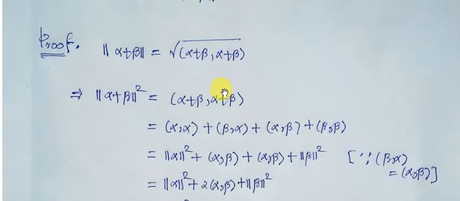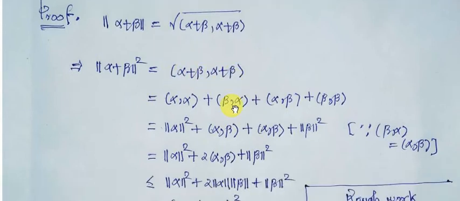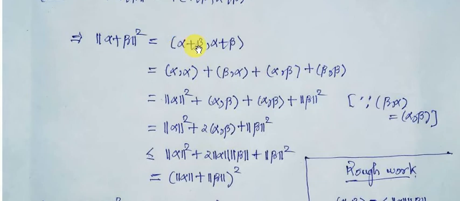Since this is a square root, to omit the root we consider the squares on both sides, that is norm alpha plus beta whole square. This is equal to alpha plus beta comma alpha plus beta. This is the addition of two vectors alpha and beta. We are just separating this.